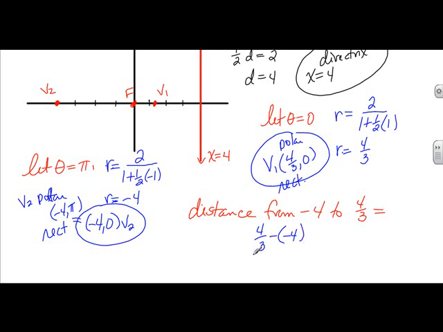That's going to tell us how far away from each vertex our center point should be. So let me grab my calculator because I can't just do that in my head. Alright, 4/3 plus 4, divide that by 2, so the distance is 8/3.